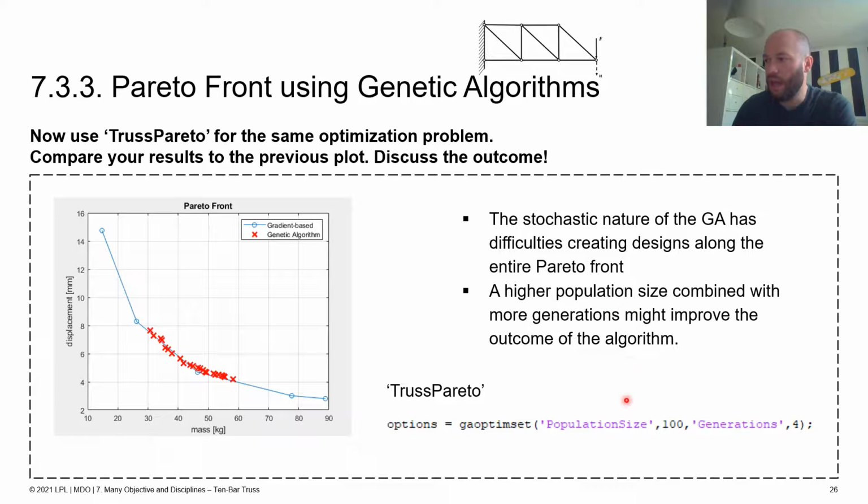Here, the settings were only a population size of 100 and 4 generations. Of course, this was done for computational reasons. So to get better results, one can increase these parameters or also other parameters to get designs along the whole Pareto front.